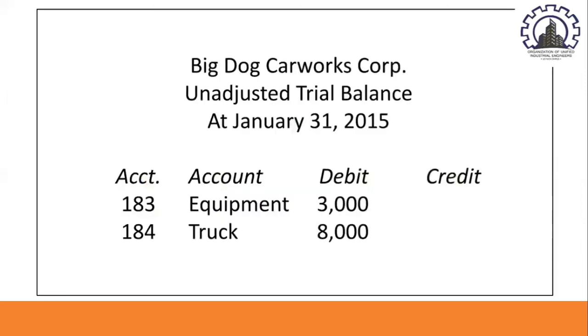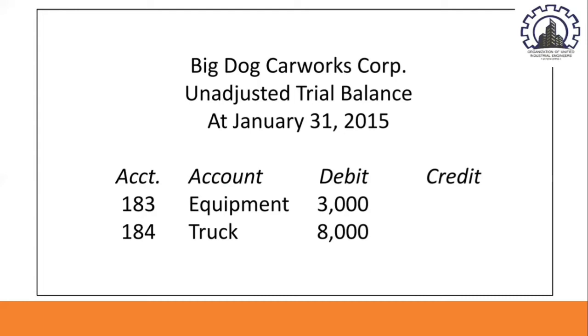You have there account numbers 183 and 184 with their corresponding account names and values as well. Now, the equipment was recorded as a plant and equipment asset because it has an estimated useful life greater than 1 year. Assume its actual useful life is 10 years, so that becomes 120 months if converted to months.